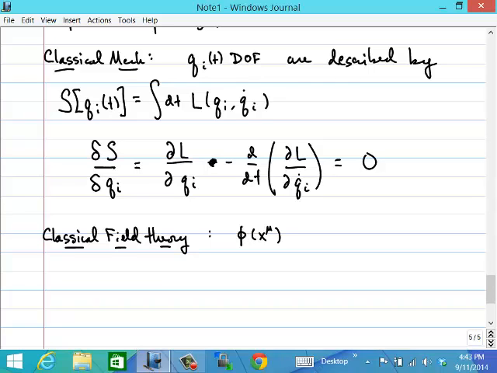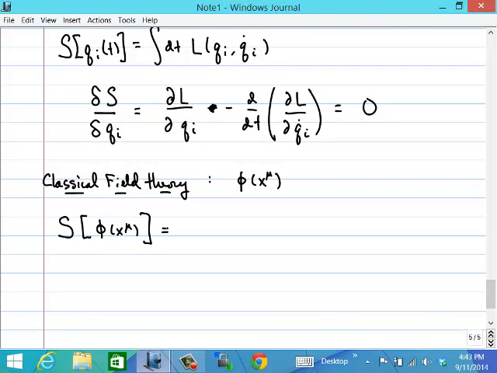And we want to try and formulate our theories in precisely the same way. So we would like to define an action that's a function of your field configuration, that is to say, is a function of the function phi of x mu. And then our equations of motion will be found by demanding that S is extremized in the space of all possible field configurations phi of x mu.